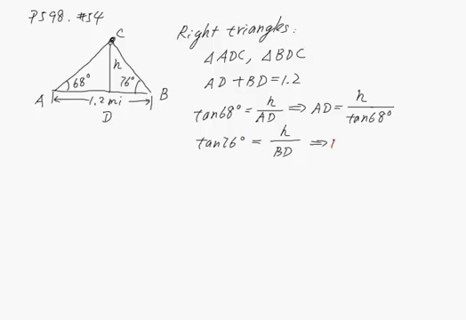Then you get BD equal to H divided by tangent of 76 degrees. Now you add these two, you get 1.2. So let's set up this equation: H over the tangent of 68 degrees plus H over the tangent of 76 degrees equal to 1.2.